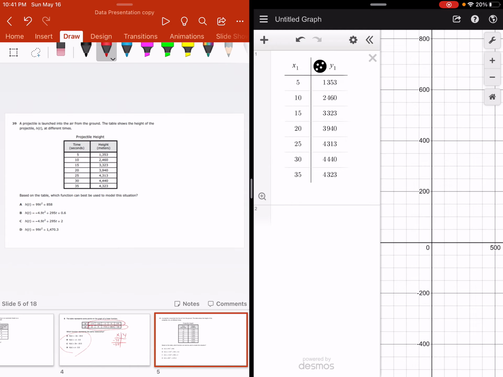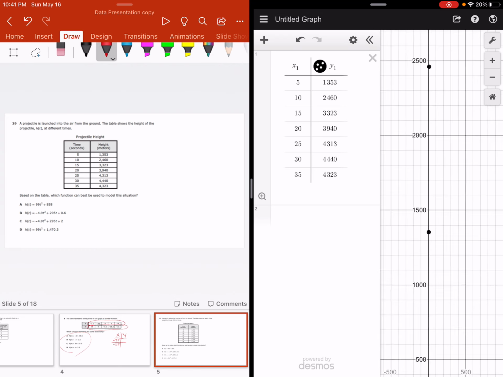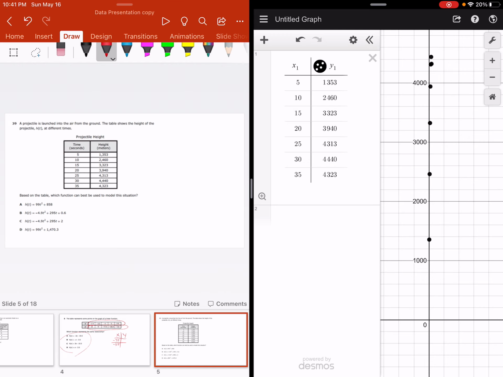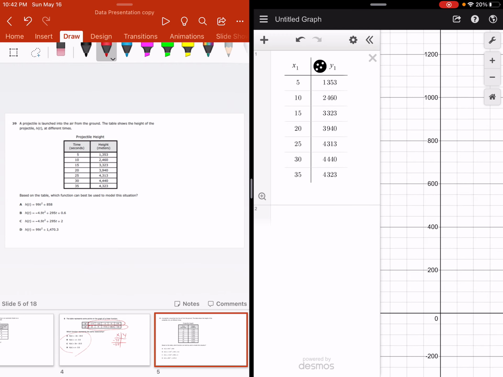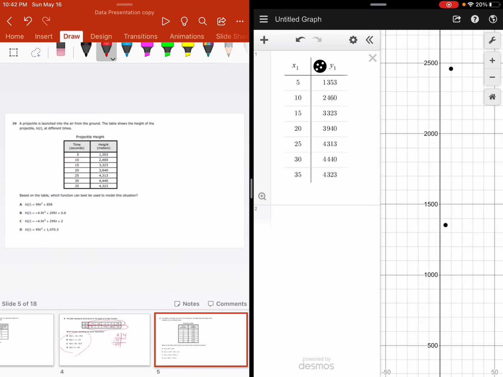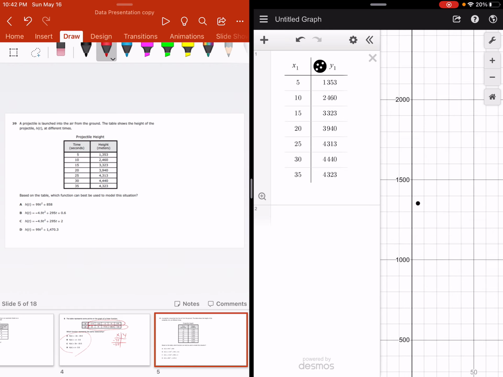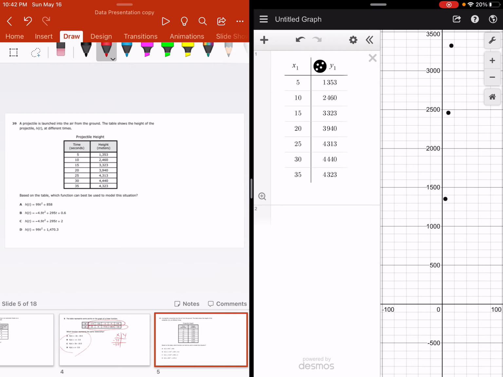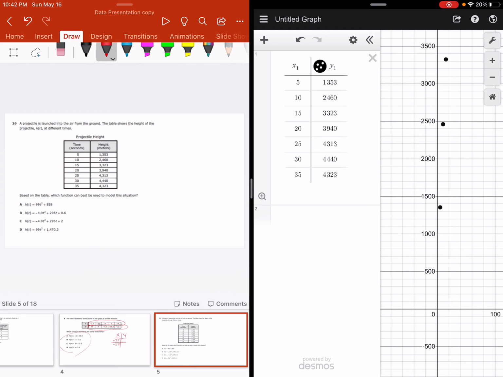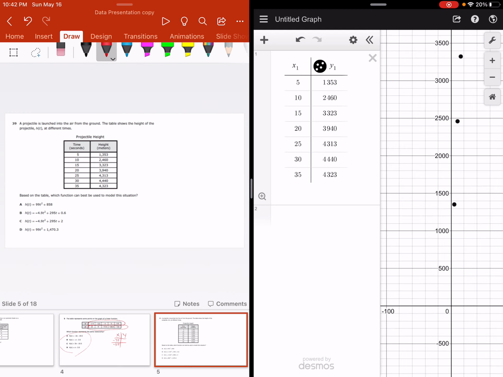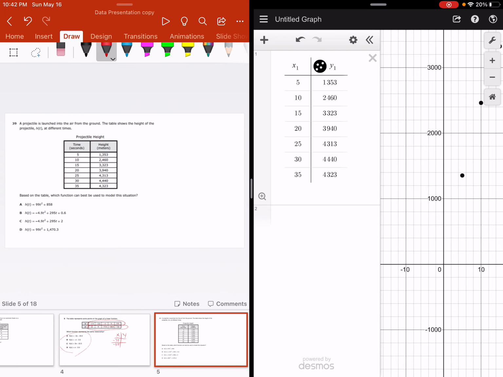So this one you might have to expand a lot. That's what I wanted, to zoom out.